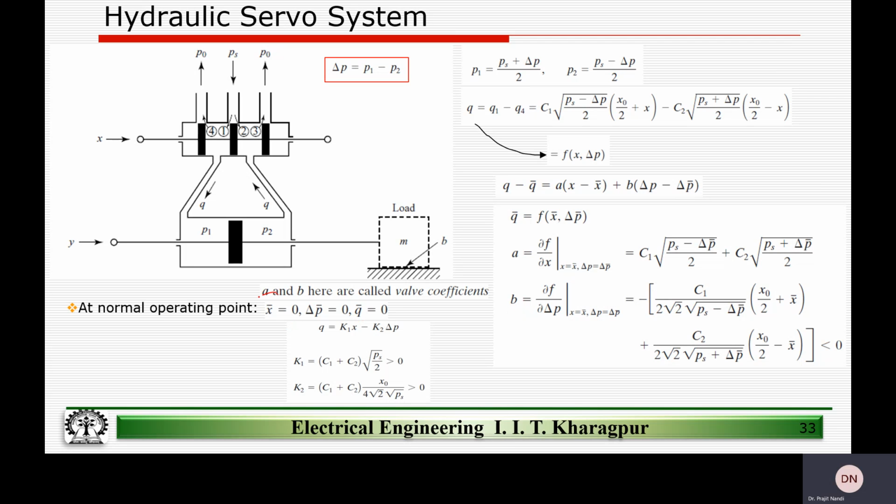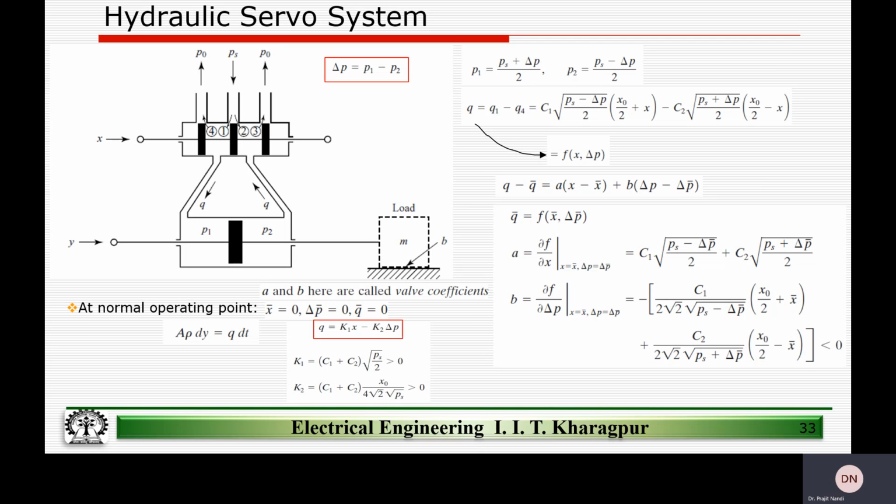Using this in the expression we derived here, we end up getting Q as a function of x and delta P, and we have established these coefficients K1 and K2. K1 is nothing but A at the operating point of delta P bar equal to 0, and similarly K2 is nothing but B around the operating point of x bar equal to 0 and delta P bar equal to 0. Okay.